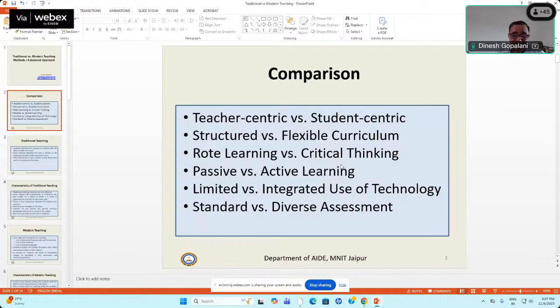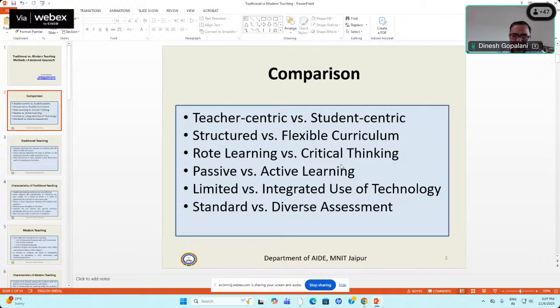Traditional is a very rigid structure, whereas you have more flexibility in modern methods. When I say modern methods, it means everything we have had for the last 2, 3 decades, from the overhead projector and digital projector to PPT to now the AI era, with many tools.